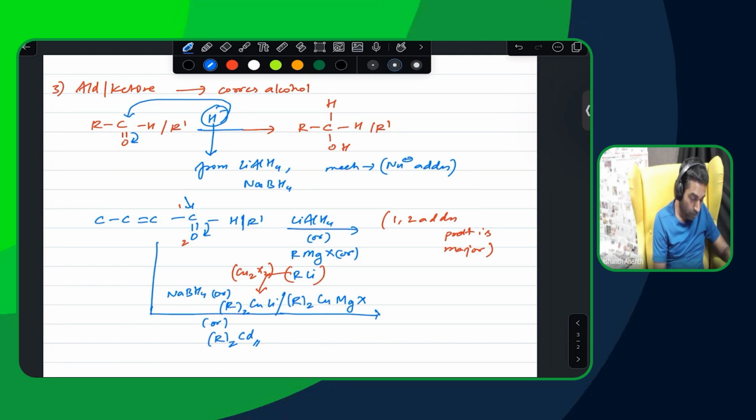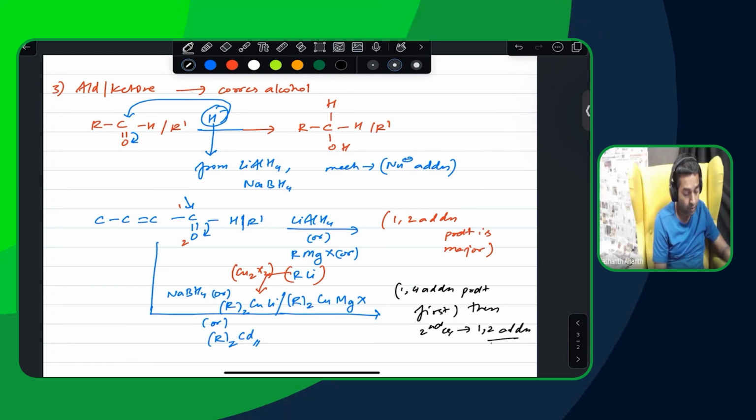In this particular case, the 1,4 addition is going to be obtained first, then 1,2 addition. The second equivalent will do 1,2 addition. So the first equivalent will be the 1,4 addition product only.